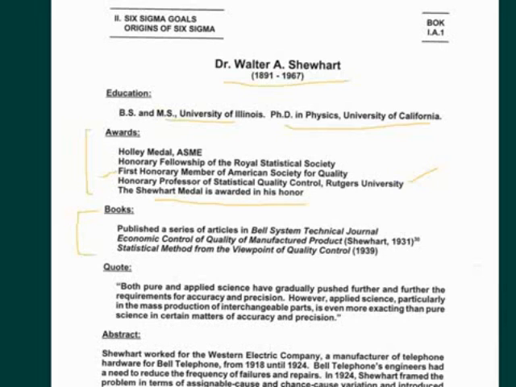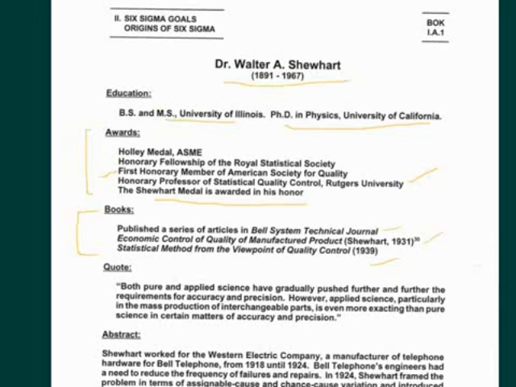These are some of the books that he wrote and published. Number one is he published a series of articles in the Bell System Technical Journal. Number two is the book Economic Control of Quality of Manufactured Product. And the last one is Statistical Method from the Viewpoint of Quality Control.